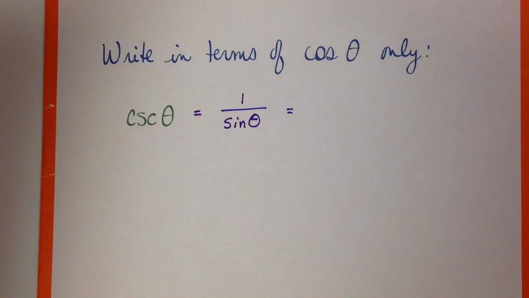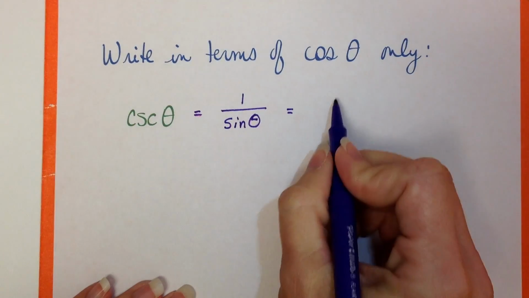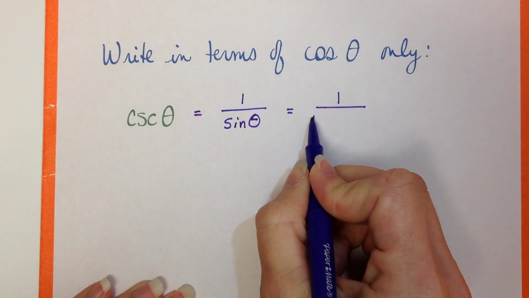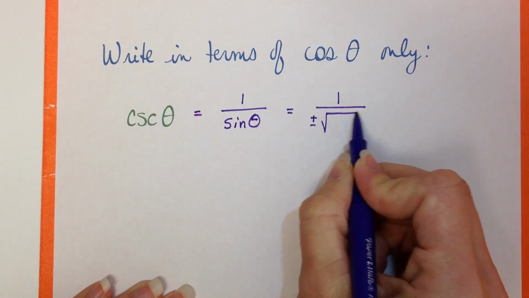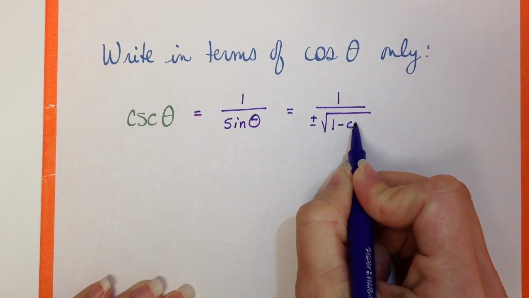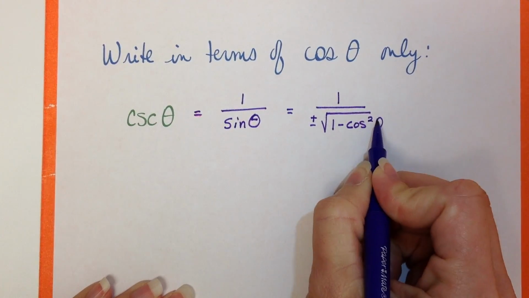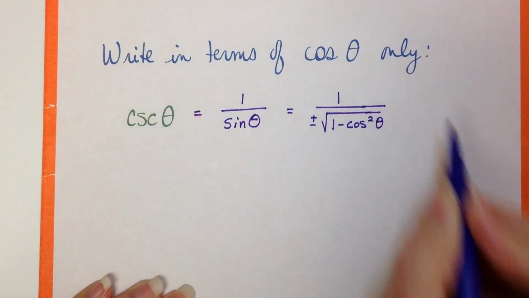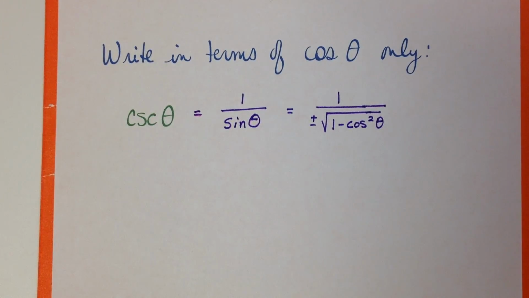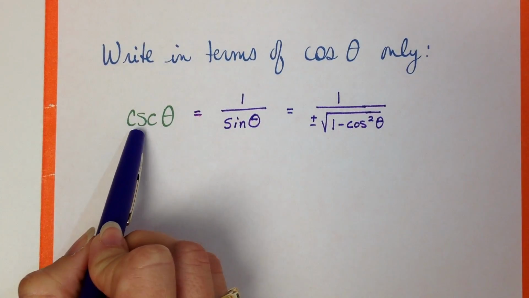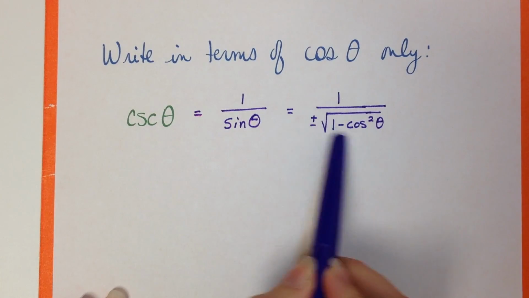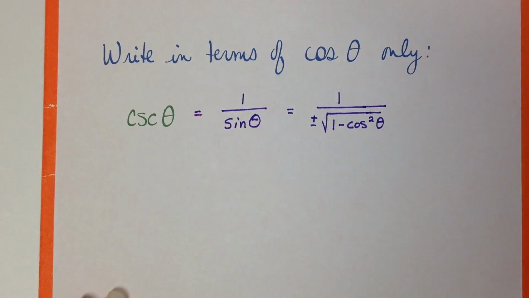So this would now be equal to 1 divided by plus or minus the square root of 1 minus cosine squared theta. So that would be the answer to this problem, because you have rewritten cosecant theta in terms of only cosine.